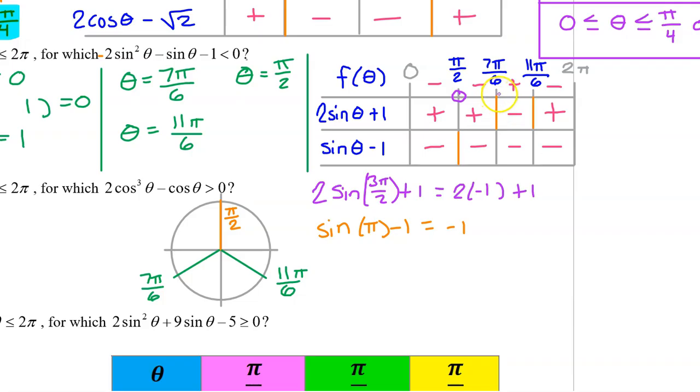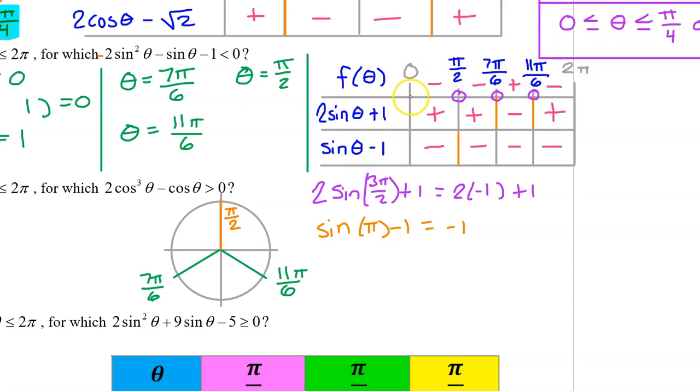So I'm going to put an open circle here and an open circle here. And an open circle here and here. Wait, maybe not on the 2 pi. So these critical values are where f of theta is equal to 0. We want less than 0 but not equal to 0, so these have to be left out.